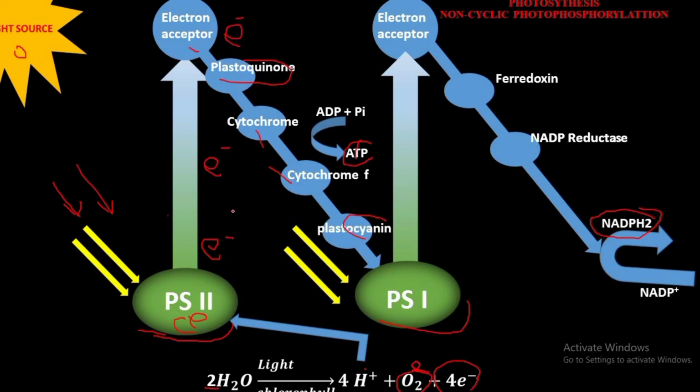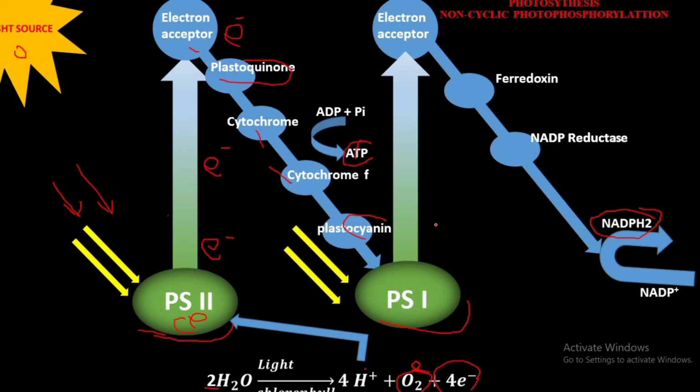As electrons move along this electron chain, they lose energy, and this energy is used to pump the hydrogen ions across the thylakoid membrane of the chloroplast. Because many hydrogen ions are pumped into the thylakoid space, a proton gradient is formed.